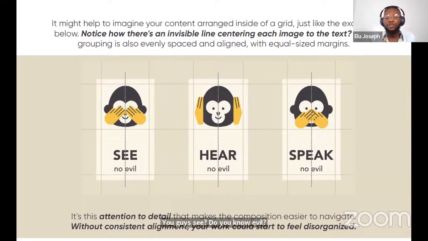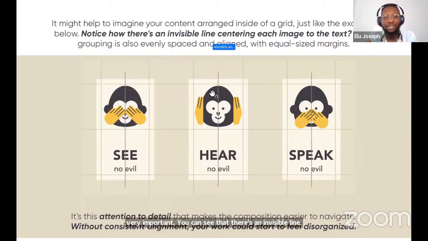There's a Chinese phrase that says ak suk san, which means slay evil immediately, which is just a rephrase of see no evil, hear no evil, speak no evil, right? But what I'm trying to tell you is the alignment between each image or illustration and the text is very important. You can see that there's an invisible line.